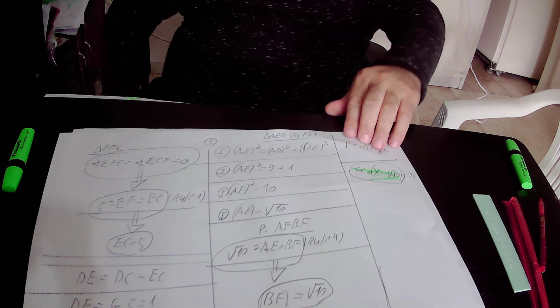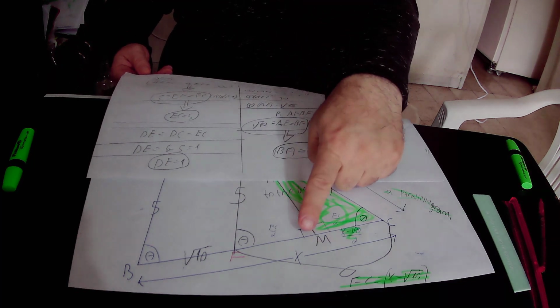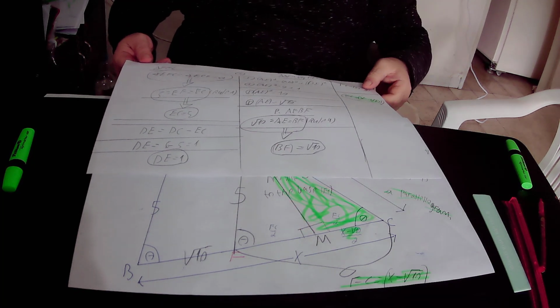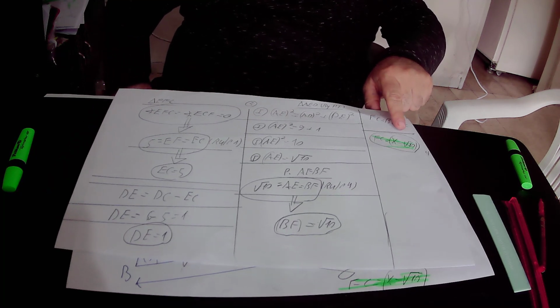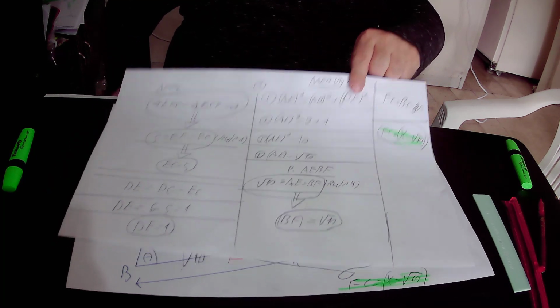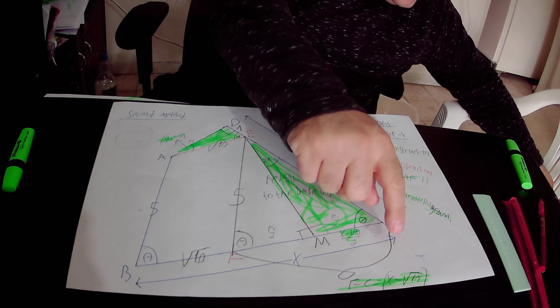BC equals X, according to what is given in the question. BF equals the square root of 10 units. So in conclusion, we found that FC equals X minus square root of 10 units.